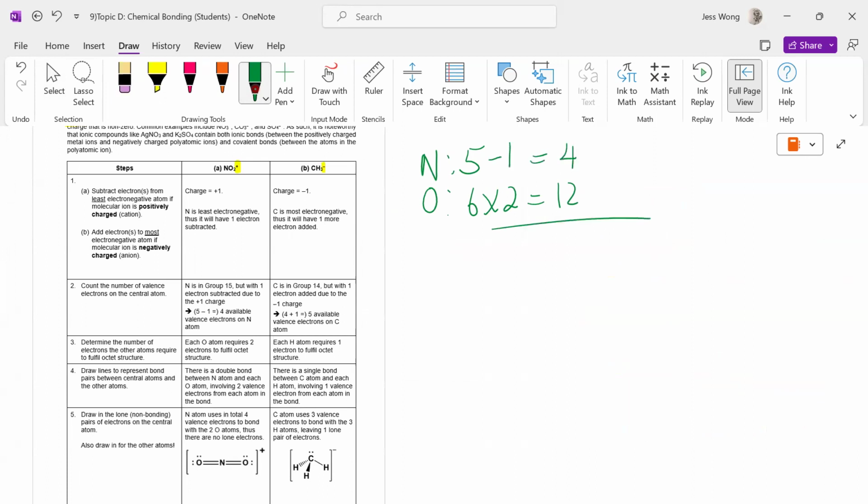So I have 16 electrons in total. Now, place the less electronegative atom in the center, surrounded by oxygen. Maybe we will want to try a double bond with oxygen, since we know oxygen needs 2 more electrons to get an octet. So maybe we try something like this first.